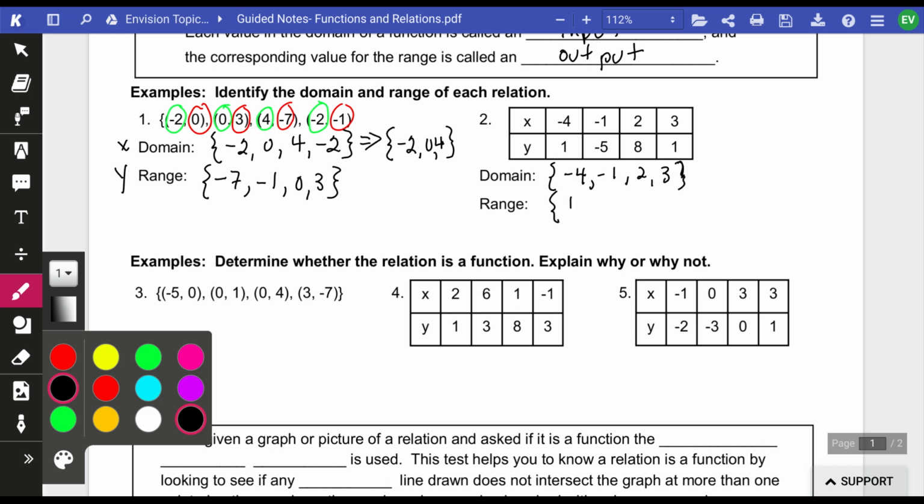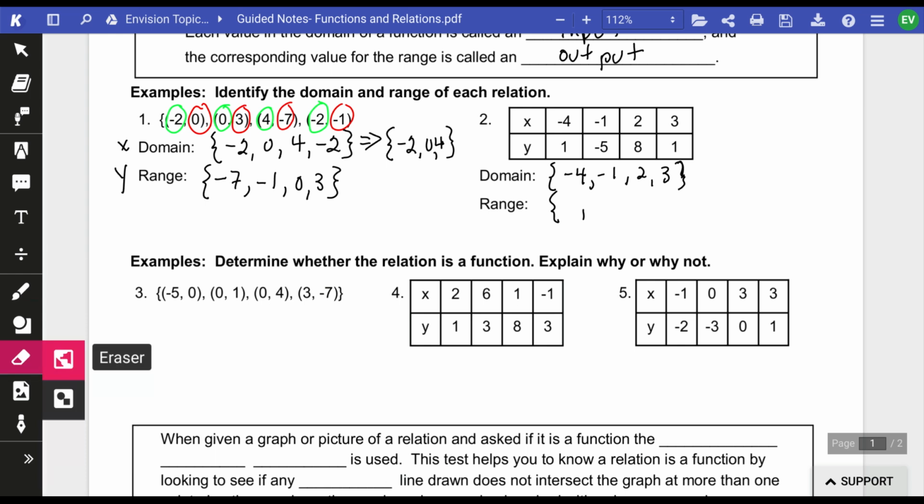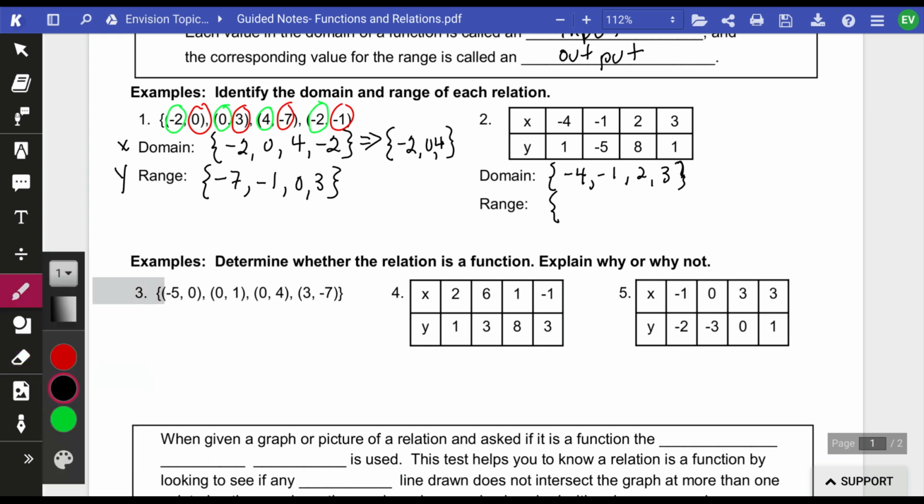The range is 1, -5, 8, and 1. Oops, they're not in order, are they? So we've got to put them in order. The smallest range value is -5, and then 1, and we've got two 1s, so we only want to put it once, and 8. Pretty easy.